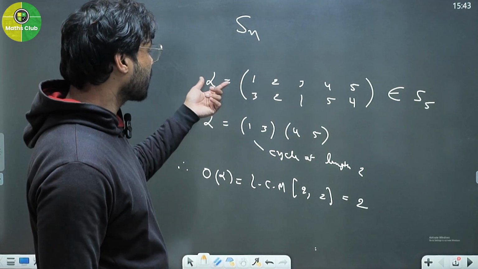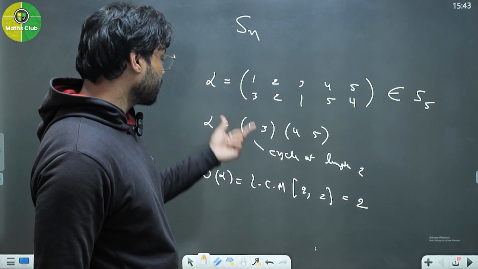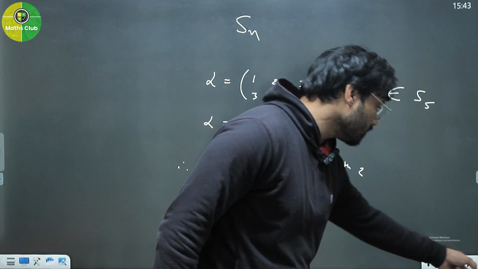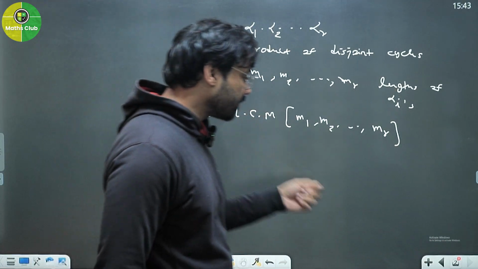So we can find the order of this permutation by using this method. We'll take another example.